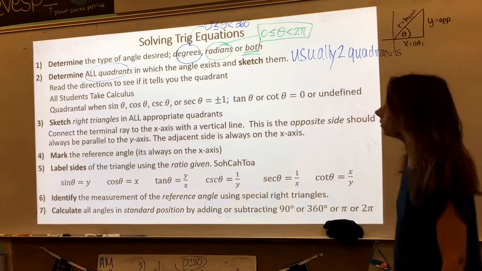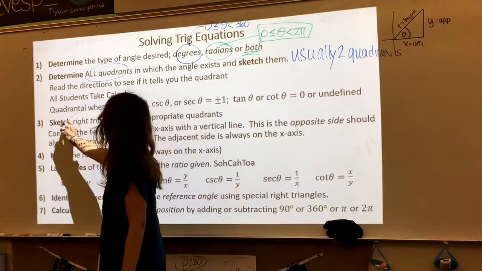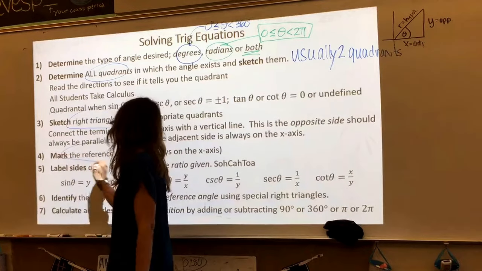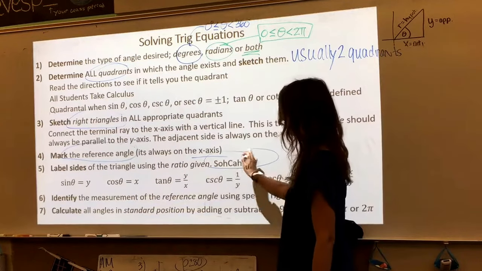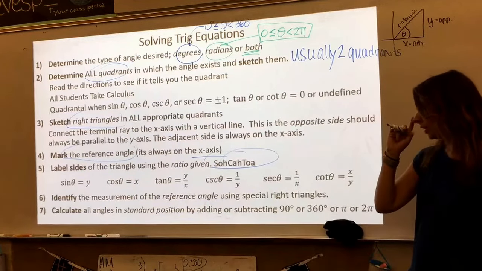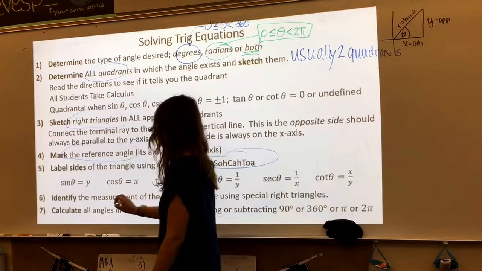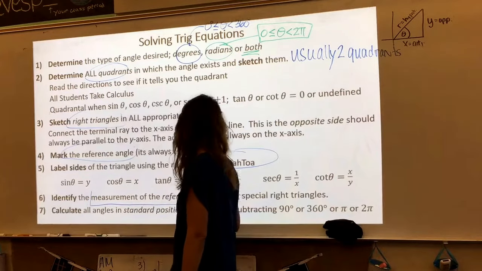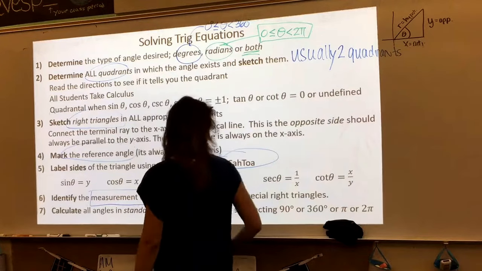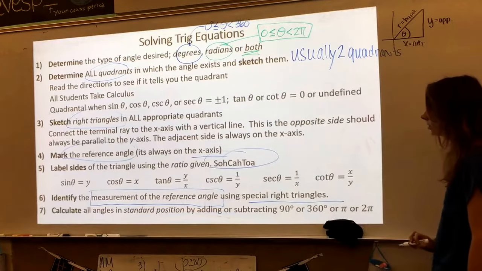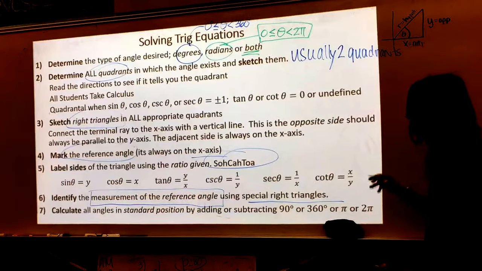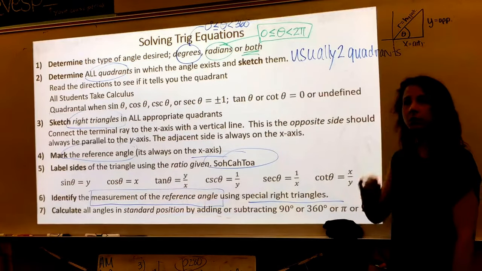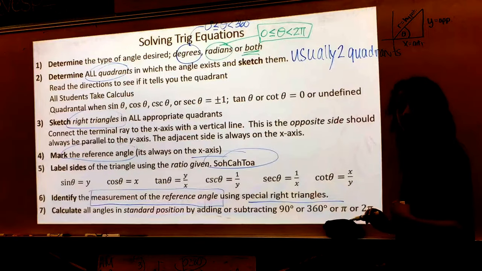Then you're going to sketch your triangle. You guys are pretty good at that. You're going to mark the reference angle, x-axis. You're going to use SOHCAHTOA just like before. Then you're going to identify the measurement of the reference angle. This is where you use those special right triangles. Okay, so if you don't remember them, you might want to put them on a Post-it or write them somewhere on there. But that's those ones up there with the 1/2, root 2/2, root 3/2.